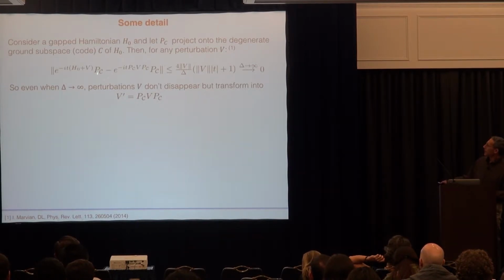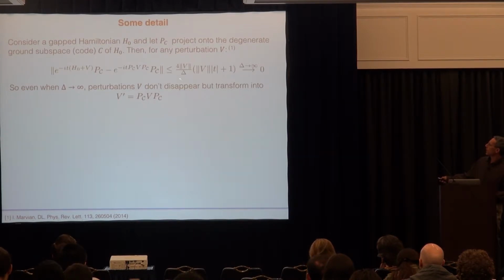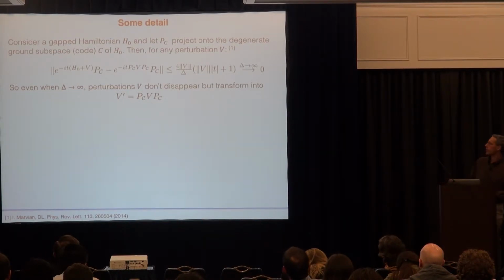First evolve under the Hamiltonian H naught plus a perturbation V, and then project. So compare this operator to this operator, and the statement is that the difference between them goes to 0, like 1 over the gap. So when the gap goes to infinity, the difference between them goes to 0.